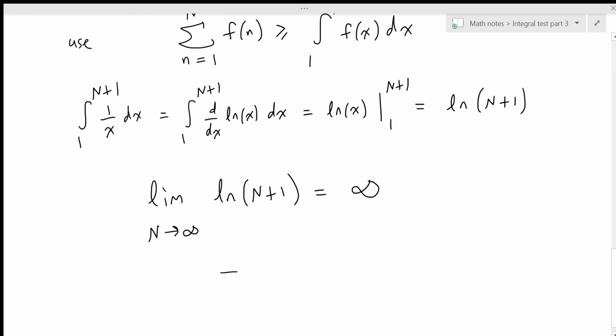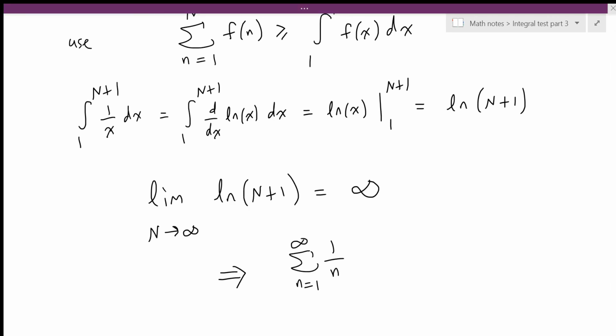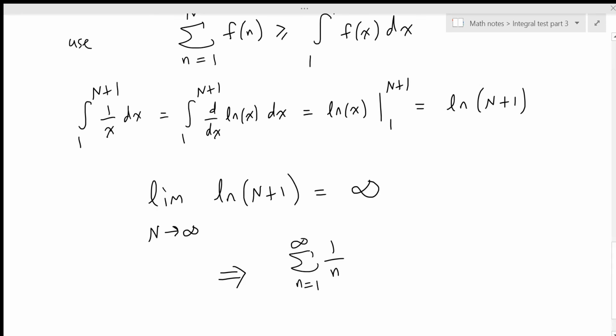So we learn from this that as we take capital N to infinity and we include more and more terms into the series, the series actually diverges. So this harmonic series, the sum from 1 to infinity of 1 over n, diverges, and we can prove it using the integral test. So that's the end of this lesson.